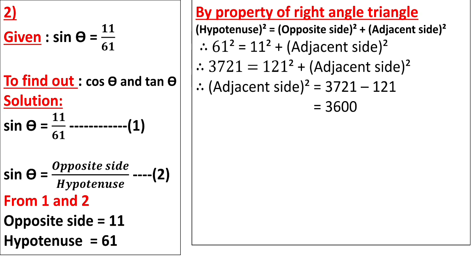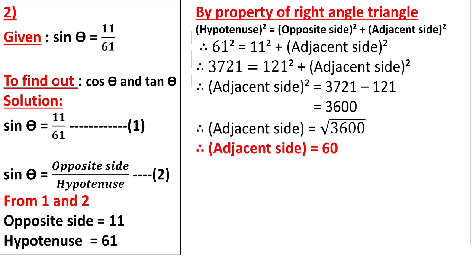So by using the prime factors, we can get the value of 3600. 36 is the square of 6 and 100 becomes 10. In short, the square root of 3600 is 60. So here we get the value of the adjacent side.